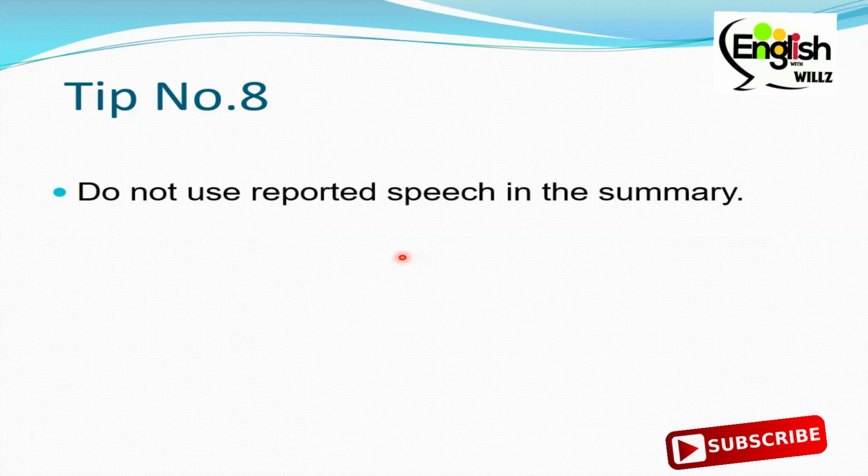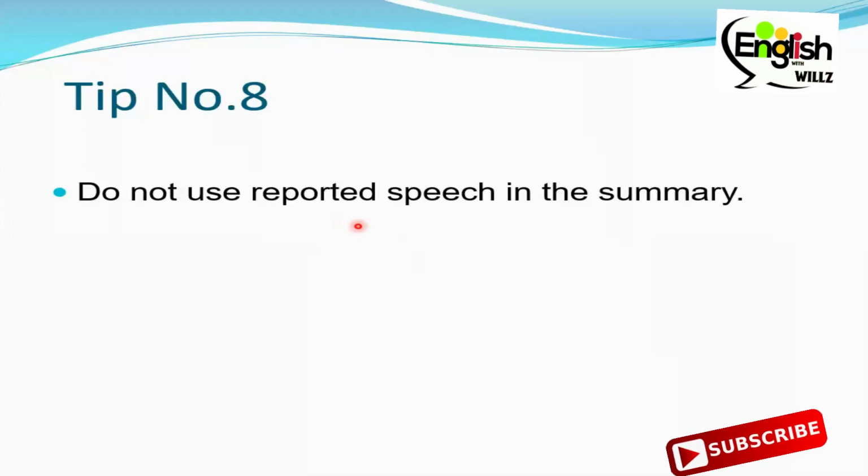Okay, you can add it, but when you're taking it into your summary, remove the inverted commas and write it into indirect speech. Do not write the direct speech. Do not write the reported speech. Do not write the inverted commas and all that.